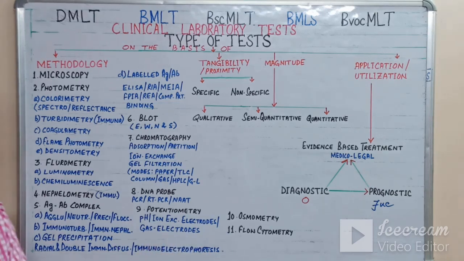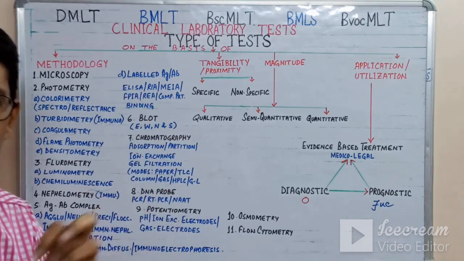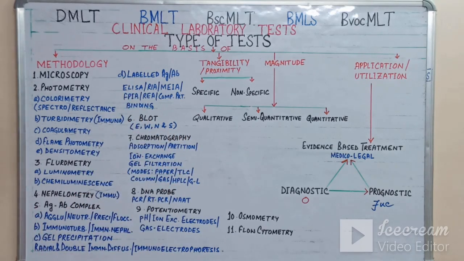Labeling by enzyme, when we label the antigen or antibody, is called the ELISA technique, that is enzyme linked immunosorbent assay. So here we link a label with the antigen or the antibody with an enzyme.